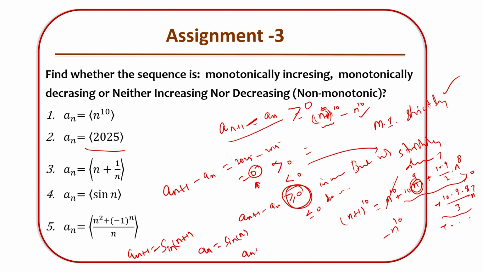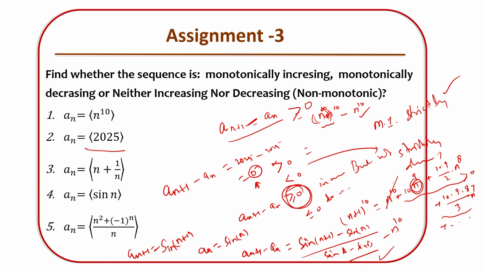So a(n+1) minus a(n) is nothing but sine of (n+1) minus sine of n. Now use the sine a minus sine b formula. You can use that formula and you will reach the conclusion, right? Or you can convert it into a half of cos a into sin b and so on, and you will find out whether it is less than or greater than zero. You will find out very easily.